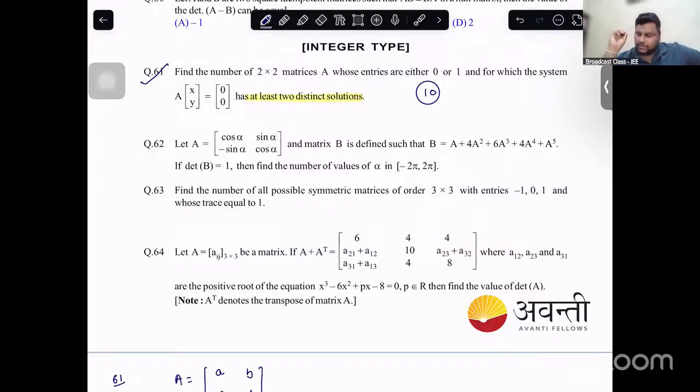A is cos alpha, sin alpha, minus sin alpha, cos alpha. B is defined as this. See, there are two catches. On the one hand, I can say that this B looks like I plus A to the power 5.